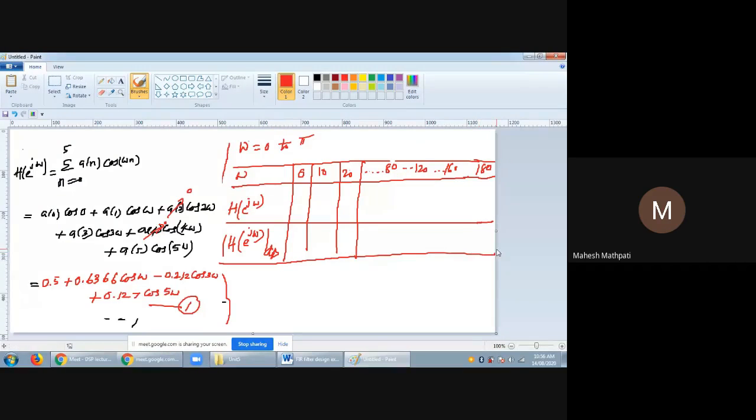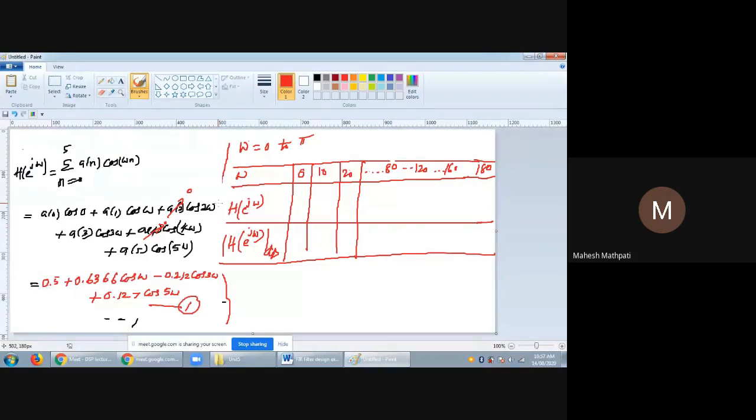If you substitute omega equals 0 in equation 1, what is the value? 1.0516.